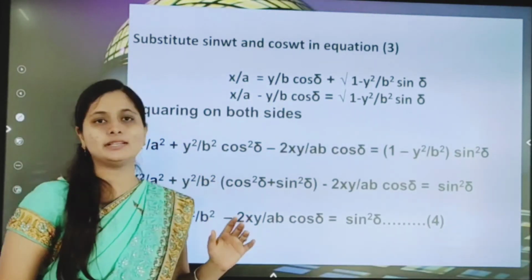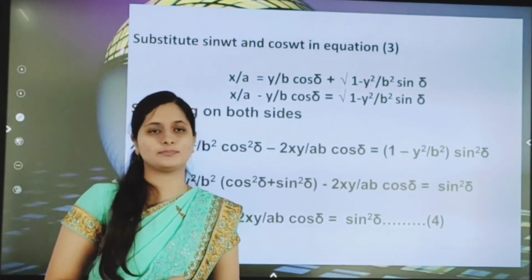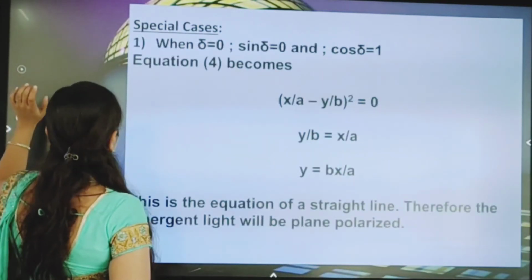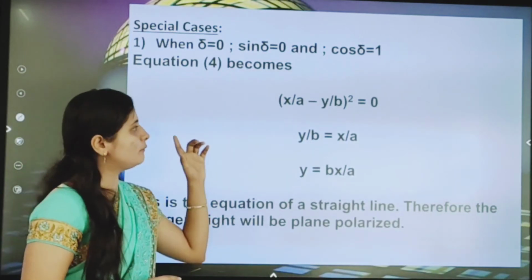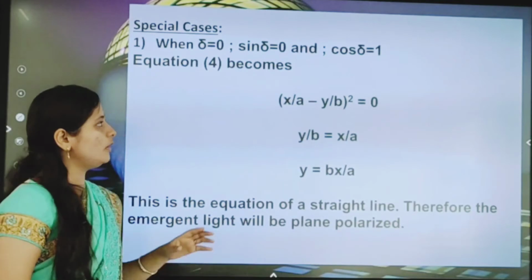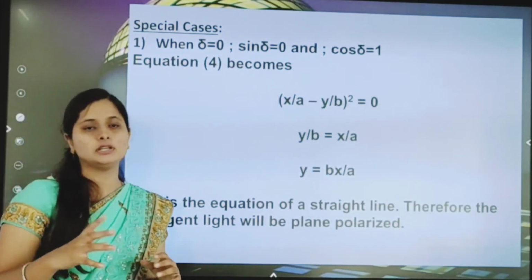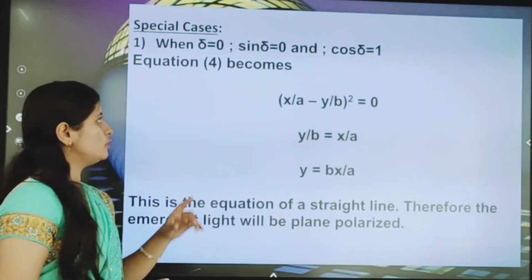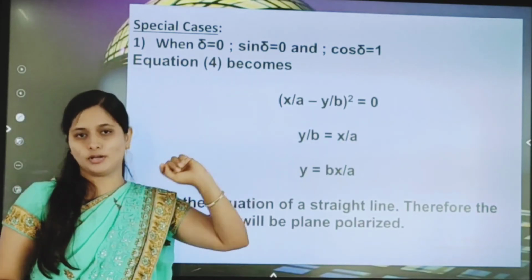After that we will study some cases. Here in special case number 1, when delta equal to 0, sin delta equals 0 and cos delta equals 1. Delta equal to 0 means sin 0 is 0, cos 0 is 1.